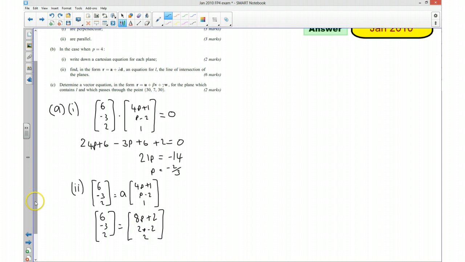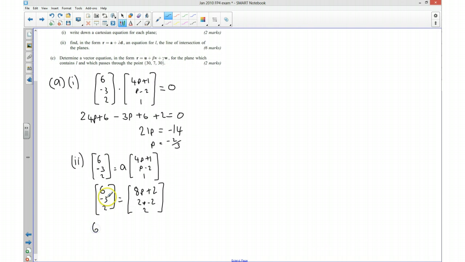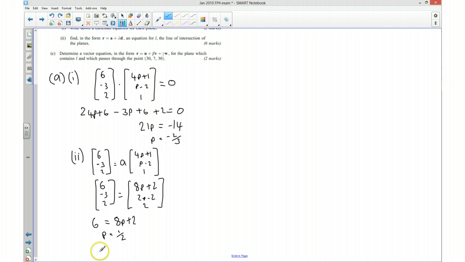So 6 would have to be equal to 8p plus 2, which means p would have to be equal to a half. So this should be our answer, but we'll check it on the other one as well. So negative 3 is equal to 2p take away 2, and again p would have to be equal to a half.